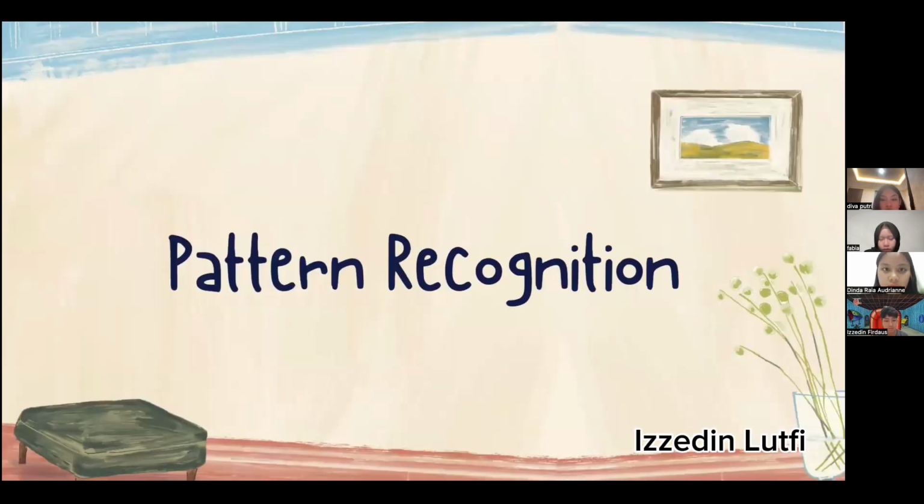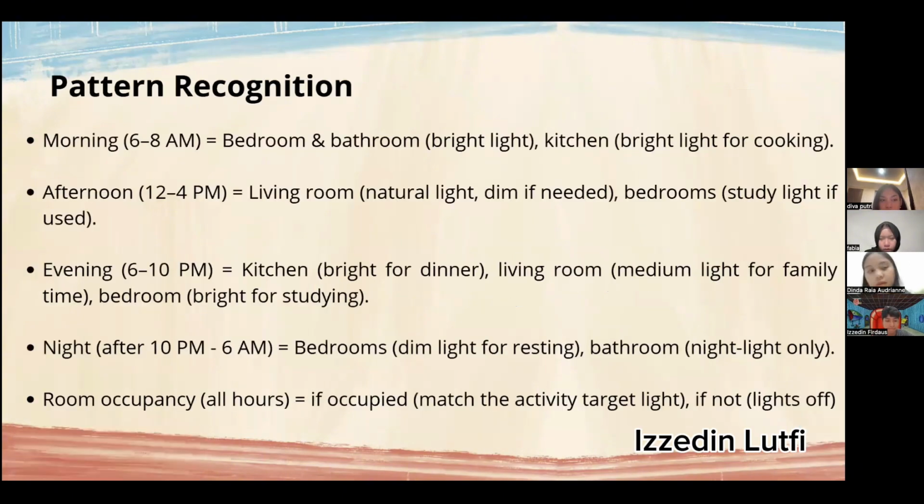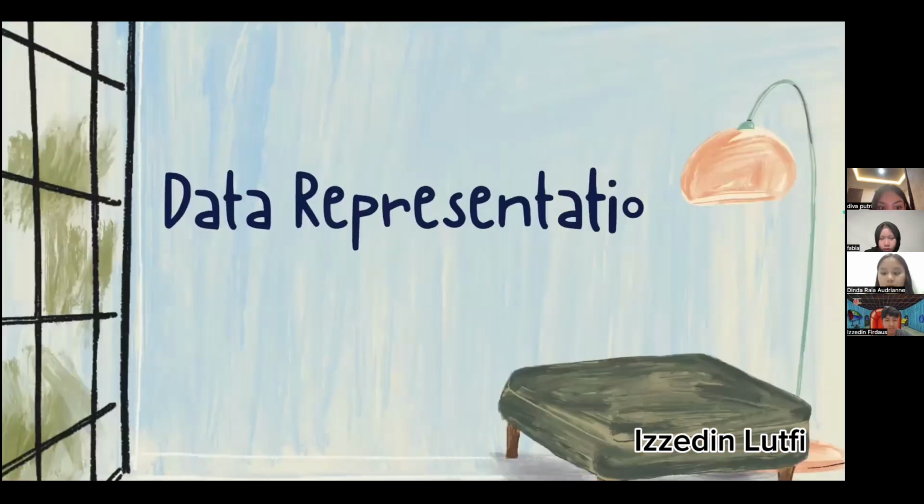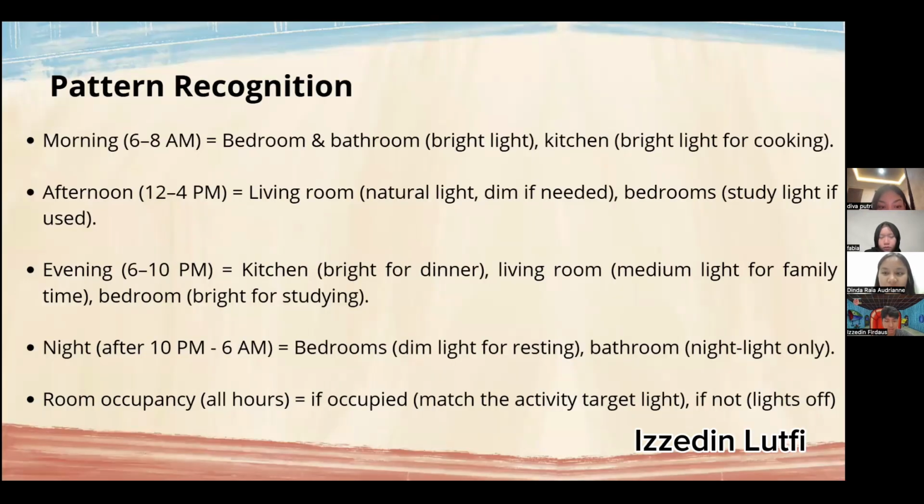We're going to go into pattern recognition now. Basically, we can see a pattern, which is the flow of the activities done within the house. For example, in the morning around 6 to 8 a.m., the daughter and the parents would leave the house for school, while maybe the mother would stay in the house for other activities.